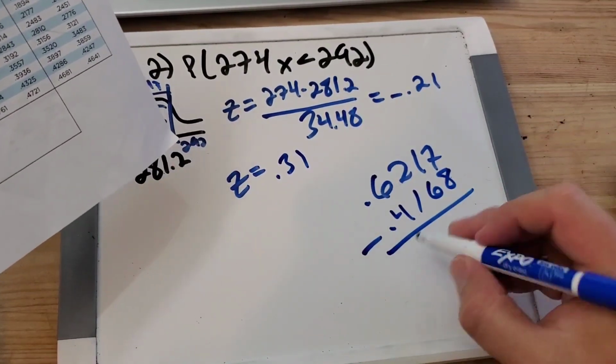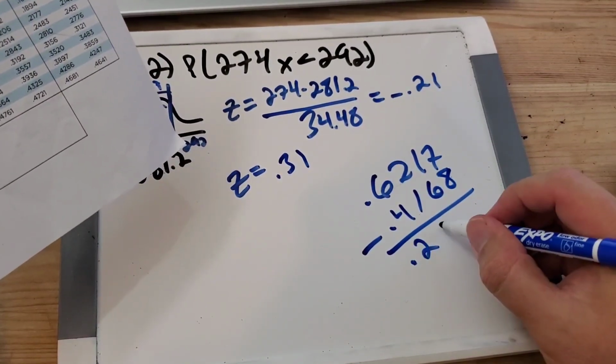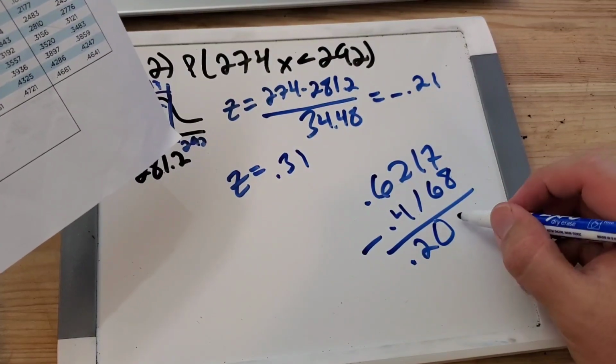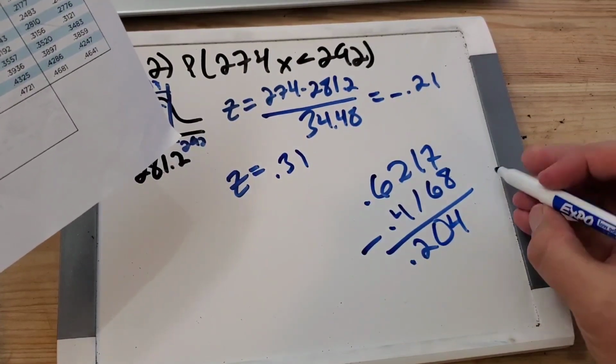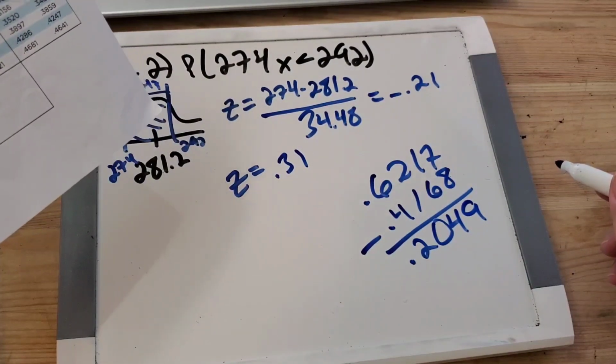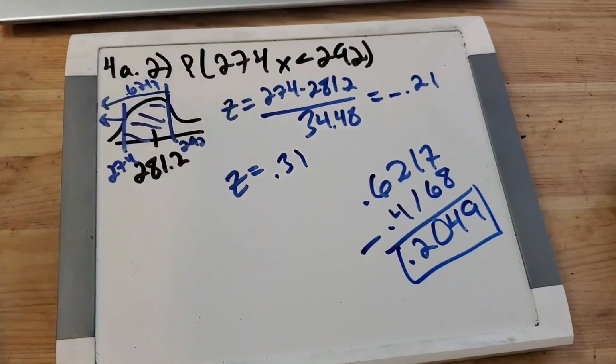All right, this looks tricky. Let's see, 0.2049. How's that sound? 0.6217 minus 0.4168 gives 0.2049. Yes. Woohoo! All right. So that's 4A part 2.